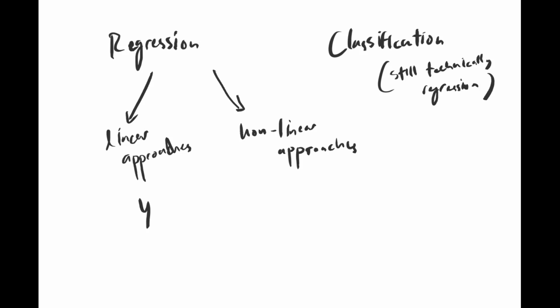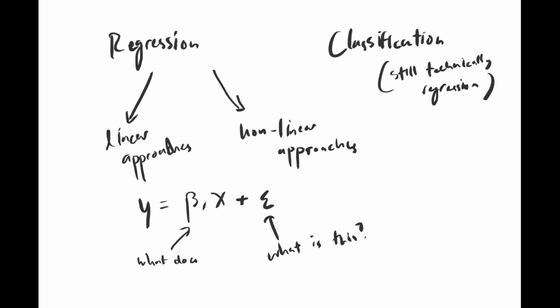So we've got our typical model, y equals beta 0 plus beta 1 x plus epsilon. Okay, so hopefully everyone knows what this is, our error term, and what this is. Right, it's the slope of our line, and everything is building up from this.